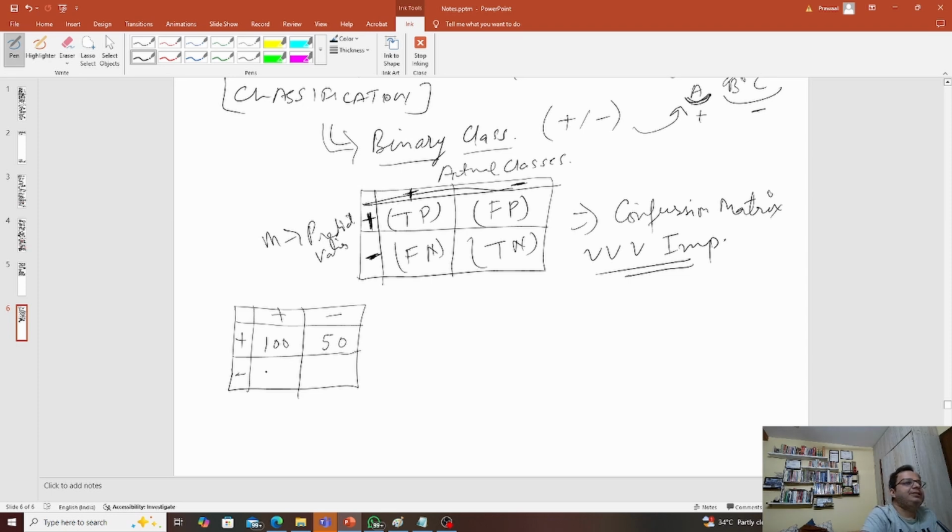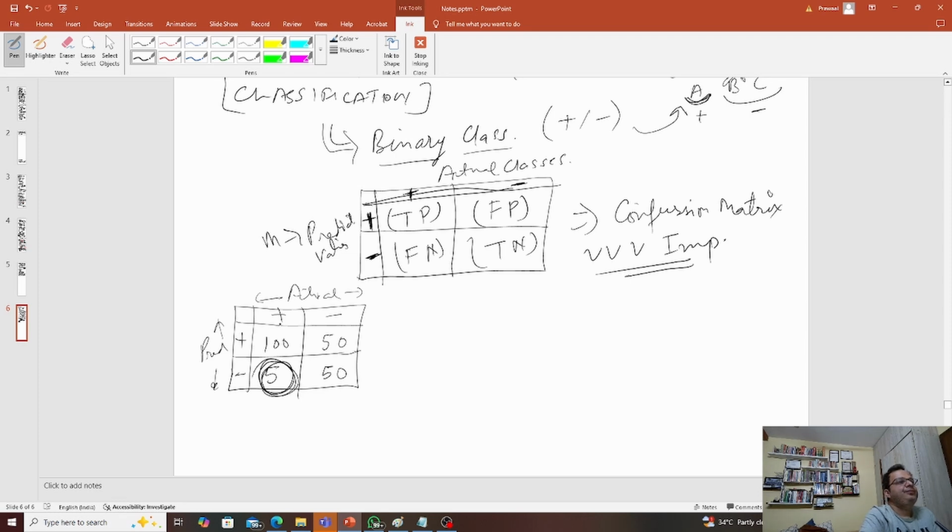But it is putting some value of 5 here. So 105 is your total of these things. This is my predicted values, and these are my actual values. And again 50 here. So in this case, what is most important is this value.